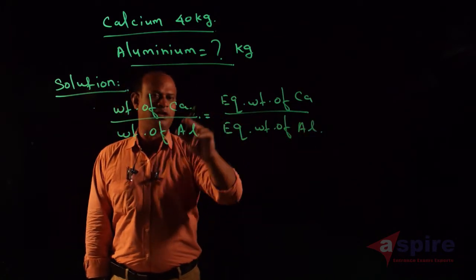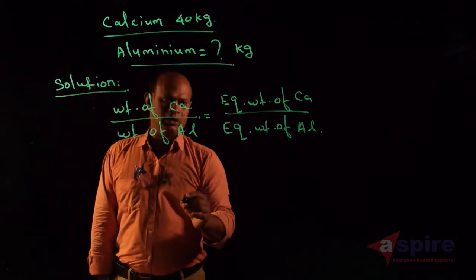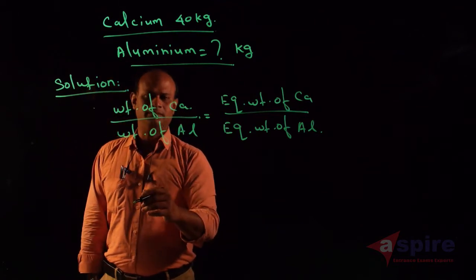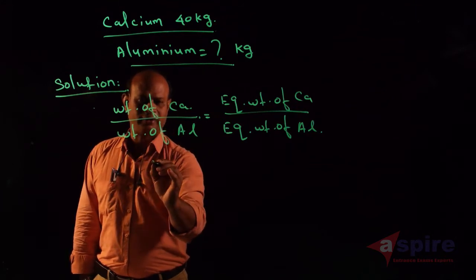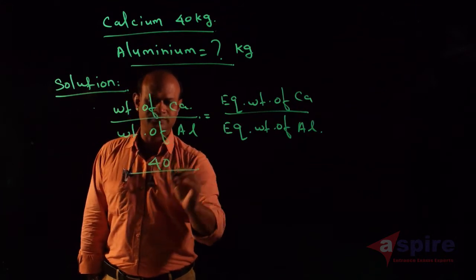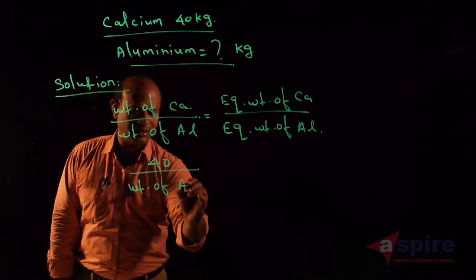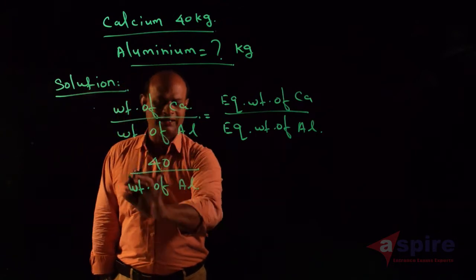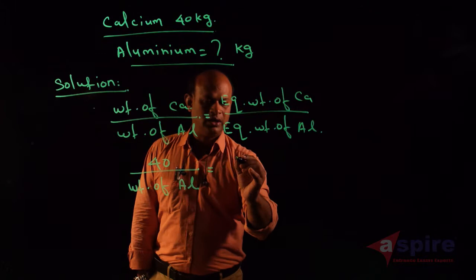This is the basic formula to calculate how much quantity of aluminium can be prepared. In the given problem, I just substituted weight of calcium equal to 40. We don't know how much aluminium we are going to prepare, that we are going to find out, so I substitute it as such.